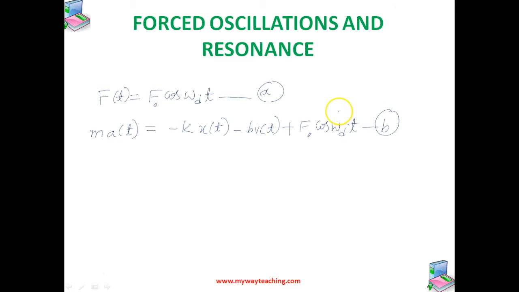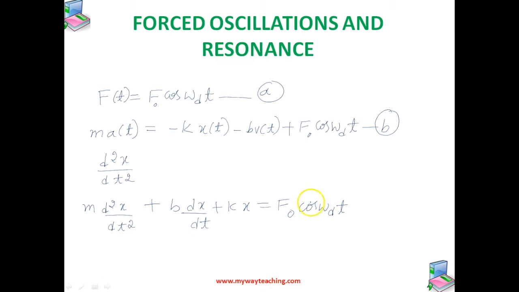Okay, substituting d square x by dt square for acceleration, we get this equation in the form m d square x by dt square plus b dx by dt plus kx is equal to f naught cos omega d into t.